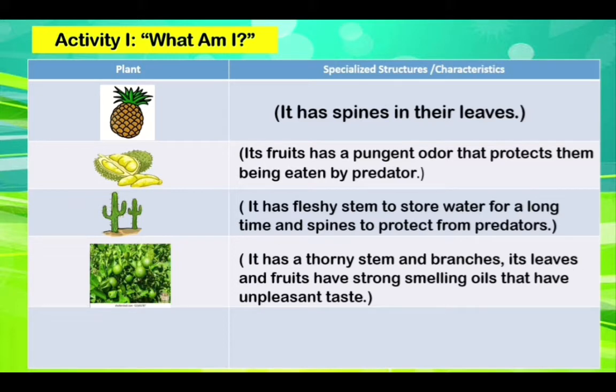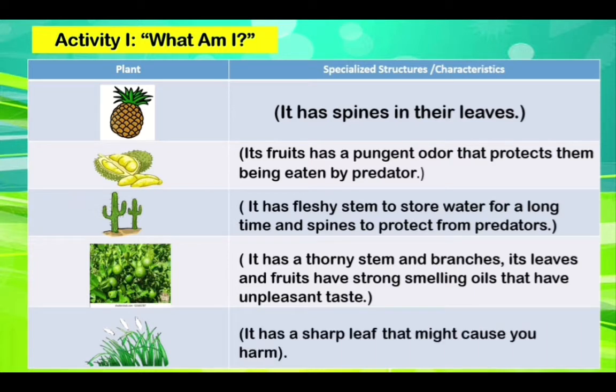It has a thorny stem and branches. Its leaves and fruits have strong-smelling oils that have an unpleasant taste. Next, the last one, we have kugon or talahib. What specialized structures or characteristics does kugon have? It has sharp leaves that might cause you harm.